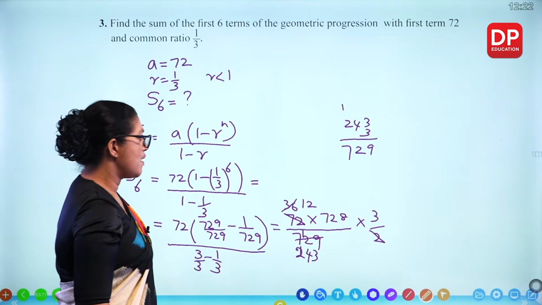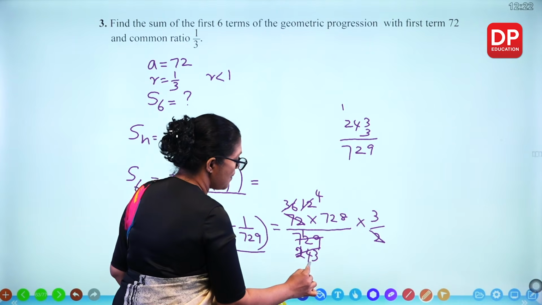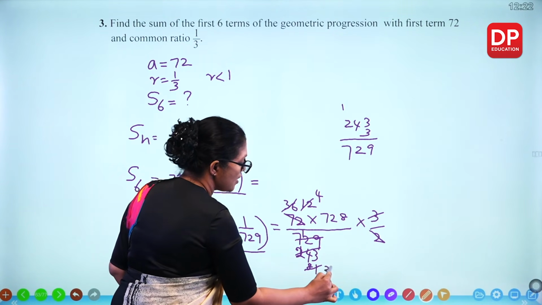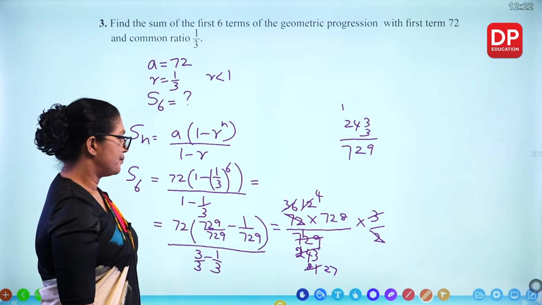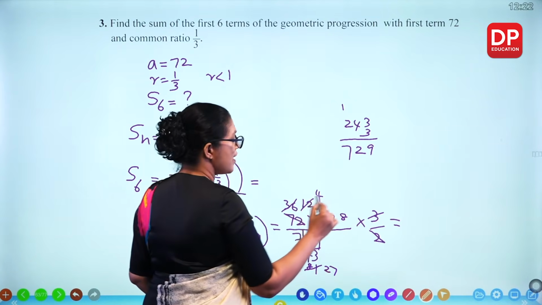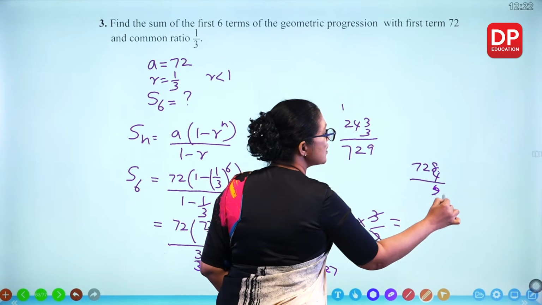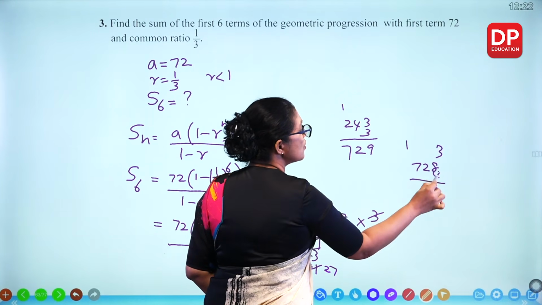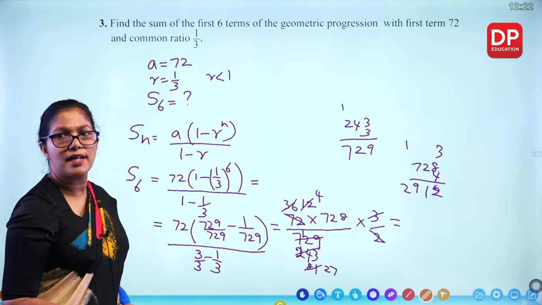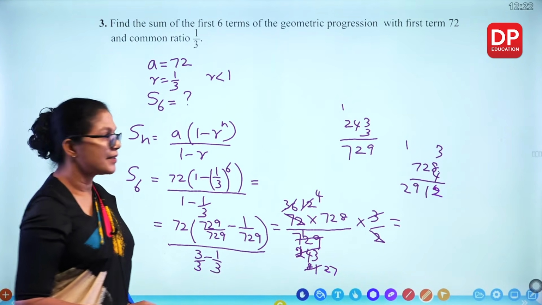Then again you can divide by 3. 3 times 4, 3 times 81, and 3 times 81 you get 27. Then 4 times 728, 2912. Divide by 27.